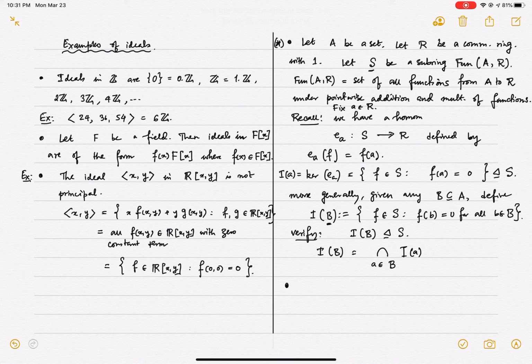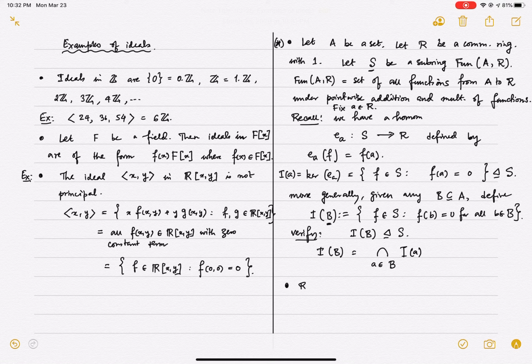Functions that vanish on a parabola or something. Polynomial functions that vanish on a parabola. I would really want you to look at that carefully, because that's a very interesting example. And these kinds of examples are sort of central in algebraic geometry. But maybe I'll write down one non-commutative example.